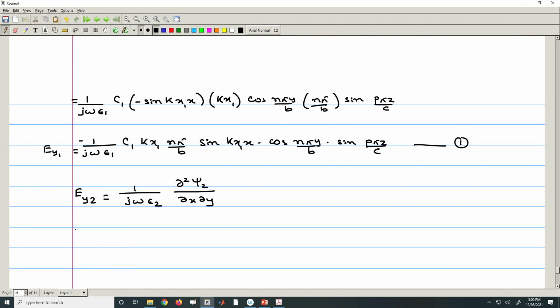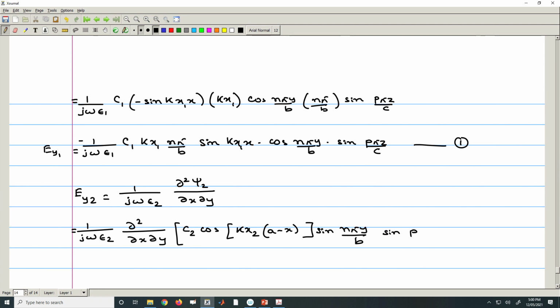In the similar manner, in place of psi 2 we can write C2 cos of kx2 (a minus x) sin of n pi y upon b sin p pi z upon c.